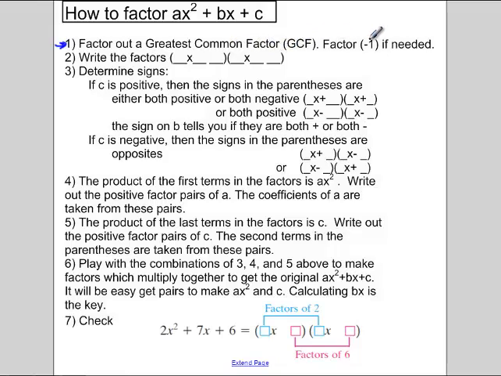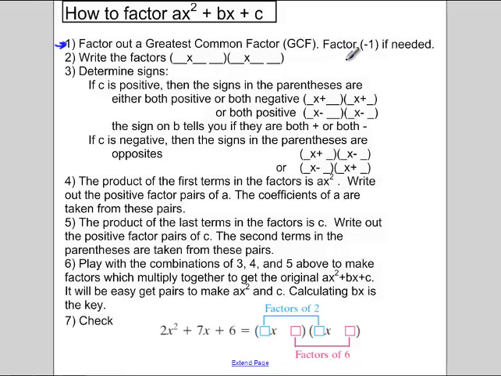That makes our life easy. We also have to make sure that if there's a negative 1 in front of the x squared term, in other words, if that a here is negative, then we have to factor out a negative 1. When we factor out a negative 1, that makes a positive, and it switches the sign of b and the sign of c. That makes the a term a positive number, and that makes things a little easier as well.